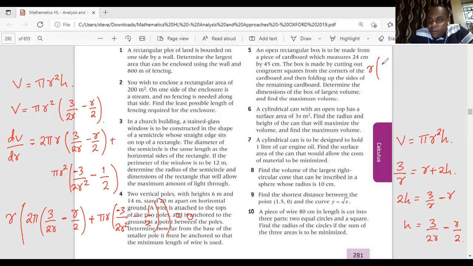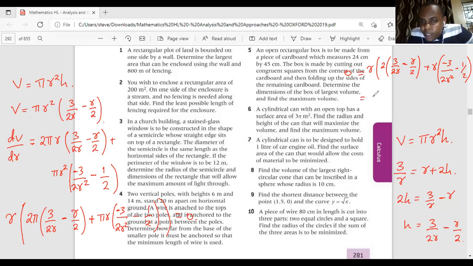So this is 2, this is 3 over 2r minus r over 2, and then we already kicked out the pi. So this is going to be plus r times negative 3 over 2r squared minus a half. I guess it's simple enough now. And this whole equation is equal to 0, right? Mhm.